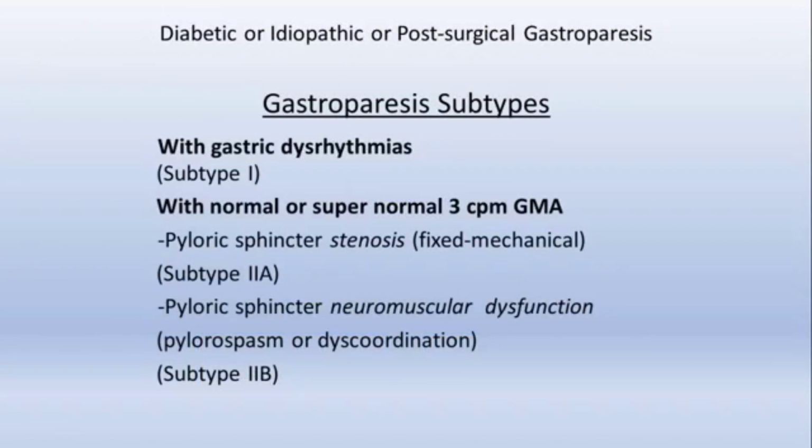And so that subtyping, just to show it another way, whether you're diabetic gastroparesis, idiopathic gastroparesis, or post-surgical, we really want to know, in addition, is there a rhythm problem? A dysrhythmia is probably more common, but if we can find that nice normal rhythm in somebody who has a delay, that does lead us towards these other types of treatment for the pylorus.